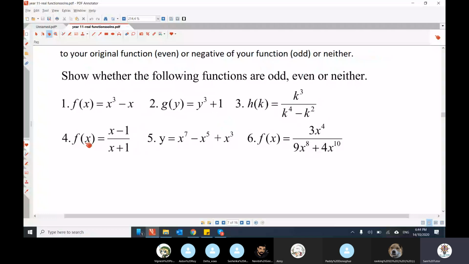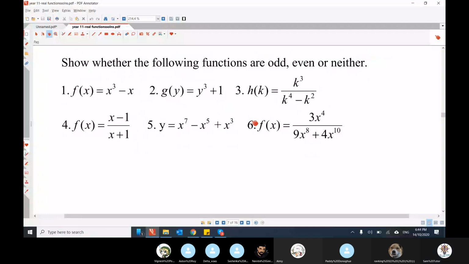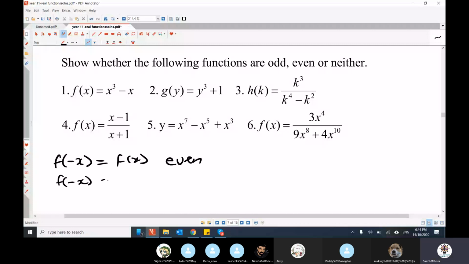Show whether the following functions are odd, even, or neither. I'll write the thing you're trying to prove. f of negative x, if it's the original, it's even. f of negative x, if it's negative, it's odd, otherwise neither. So your steps work like this. Step 1, negative x.